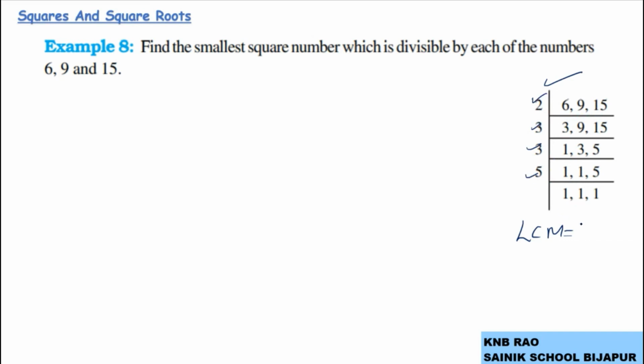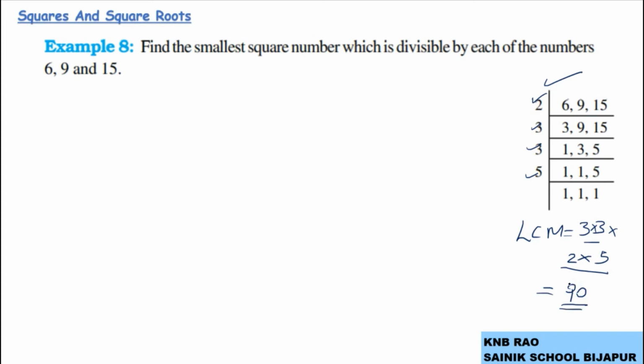Now in this LCM we have 3 into 3 in a pair, and we don't have pairs for 2 as well as 5. Now this LCM is not a perfect square. So when will it become a perfect square?